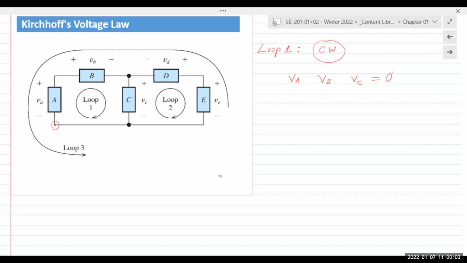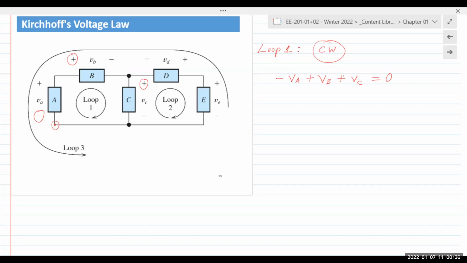So if I start summing up the voltages in a clockwise manner, VA is minus first. Does that make sense? I'm going in a clockwise manner. So VA is minus, VB is plus, VC is plus. So minus VA plus VB plus VC equals 0. That is my mathematical expression.